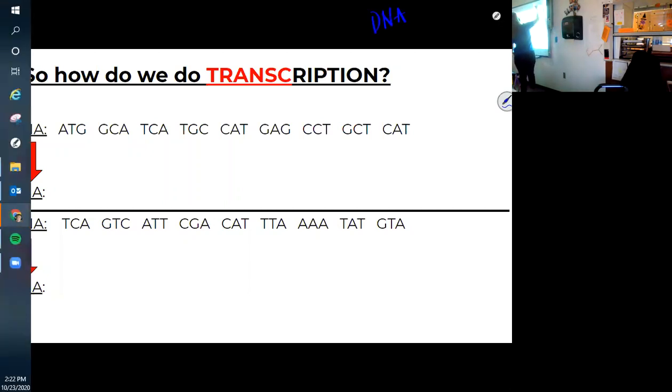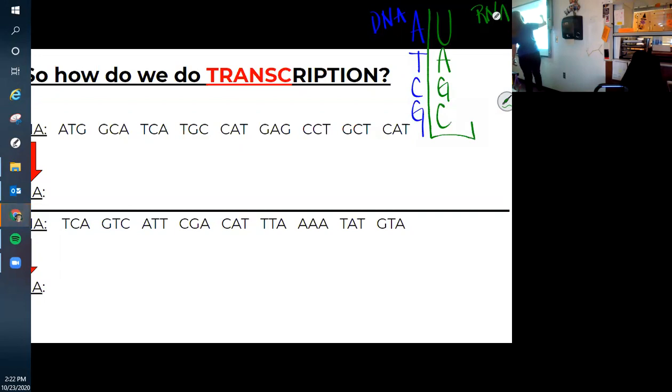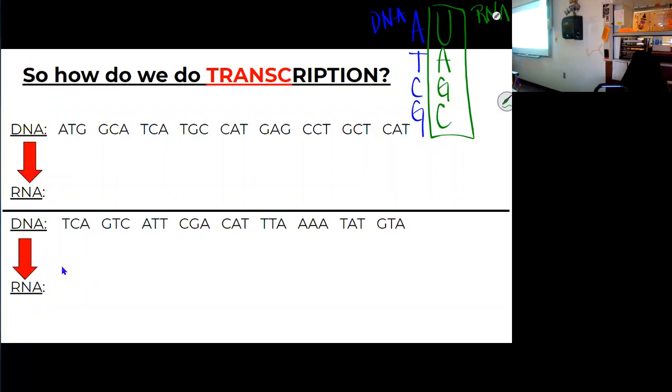So DNA are A, T, C, G. RNA code is U, A. So this is what we're going to be using, okay? But sometimes we forget that T still goes to A, but A is going to change and go to U. So on your paper, make sure that you're not writing this on the amino acid line. Keep it on the mRNA line directly below. So A turns into a U.